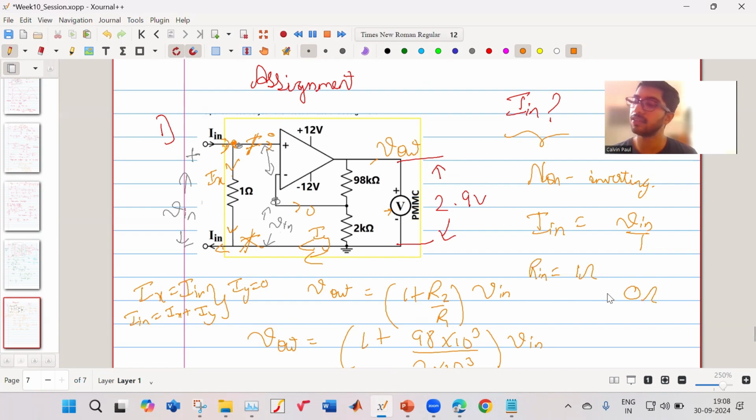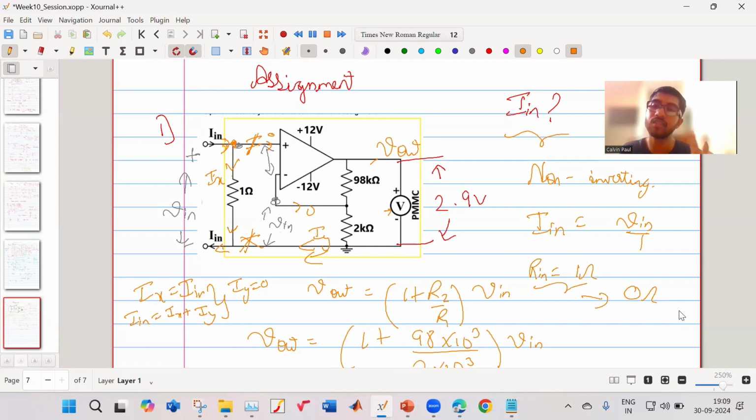But now, using this op amp circuit, we are getting an internal resistance of 1 ohm, which is very, very close to 0 ohm. It is not exactly 0 ohm, but we are able to achieve very low internal resistance. In an actual ammeter, your input resistance will not be 1 ohm, it may be more than that. Because you have a coil, it has turns, and when there are turns, there will be resistance and inductance.